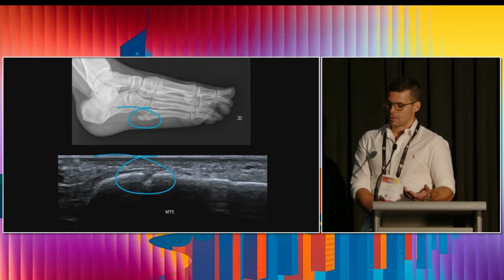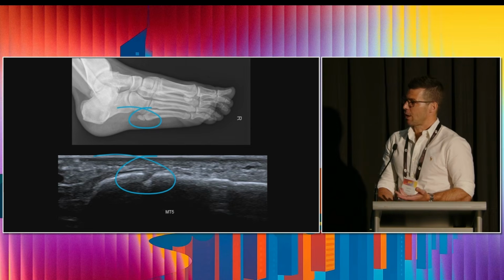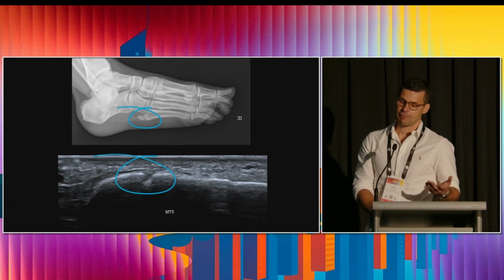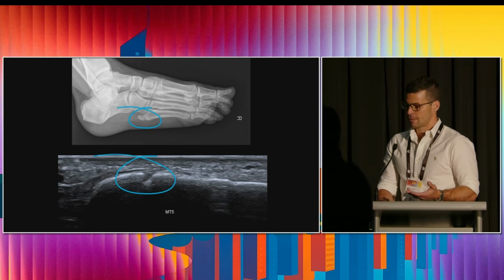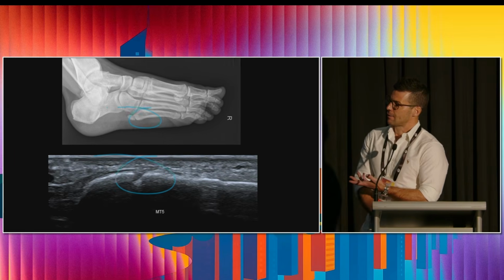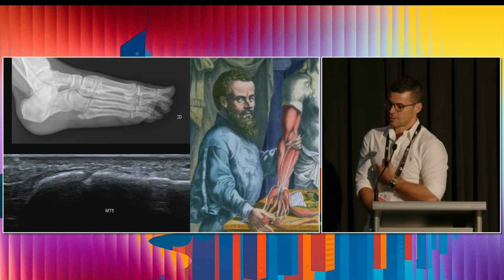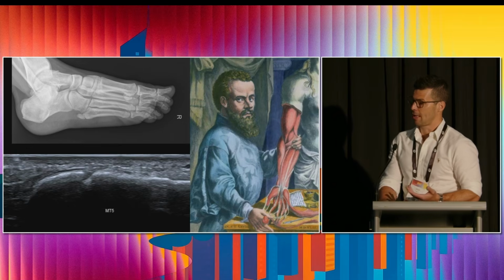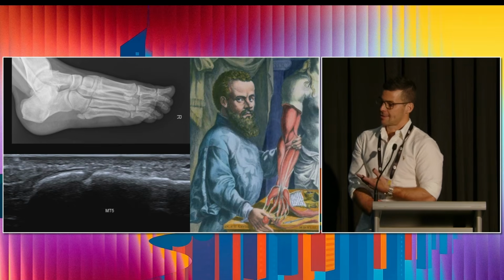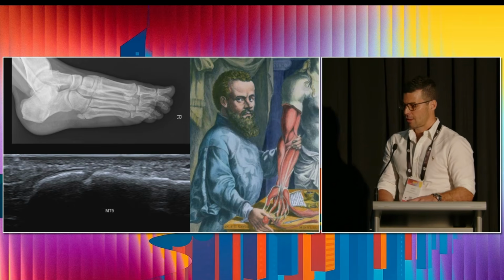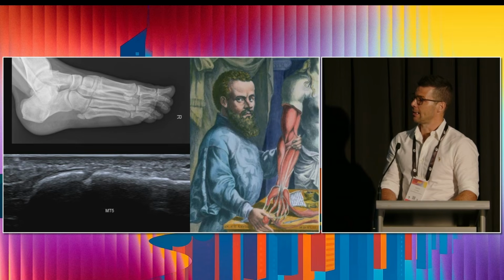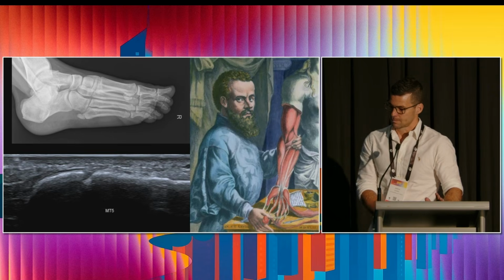Now, eponyms are, of course, a person after whom a structure or entity is named, and they're everywhere in the anatomical sciences. I've already mentioned the os vesalianum pedis. This was named after Andreas Vesalius, who's considered to be the father of modern anatomy. He was the first to challenge Galen and 1,200 years of anatomical knowledge that had been accepted as the gospel.